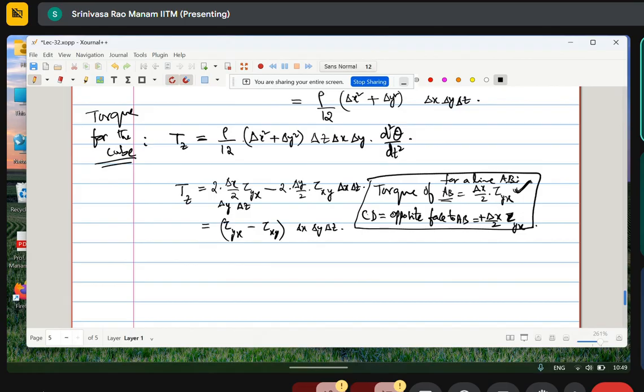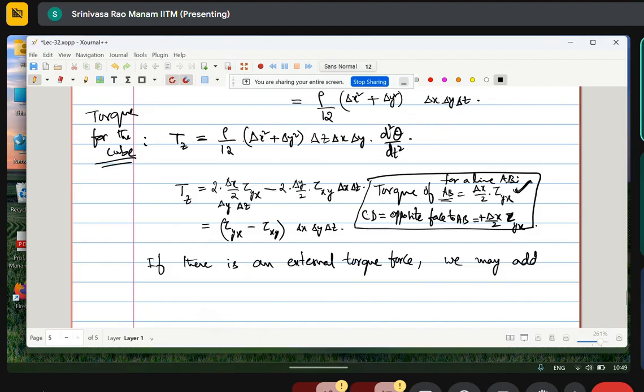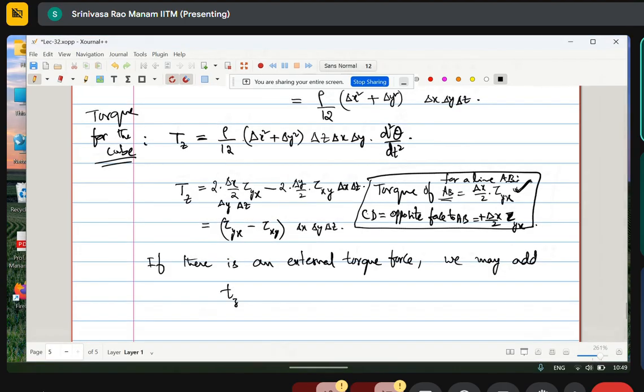If there is an external torque force, we may add, let's call this simply small tz for the cube, small tz into delta X, delta Y, delta Z, where tz is the torque force per unit volume.